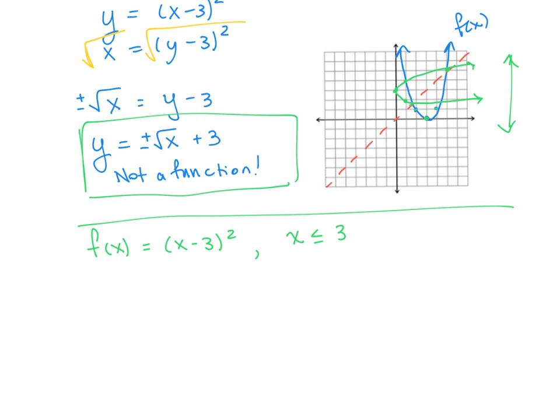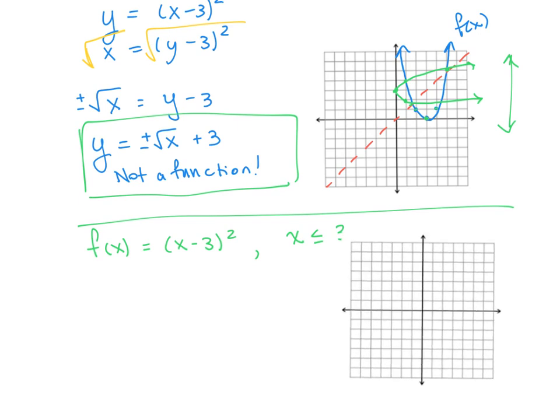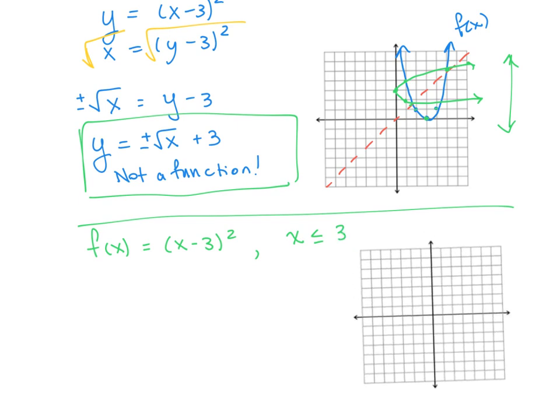So that means that I'll graph the same parabola, but I'm only going to graph the left-hand side of it. So looking up here at this graph, I'm going to highlight it in yellow. This part, the left-hand side of the parabola, is where f of x has x less than 3. So I'm just going to graph that part of the parabola.